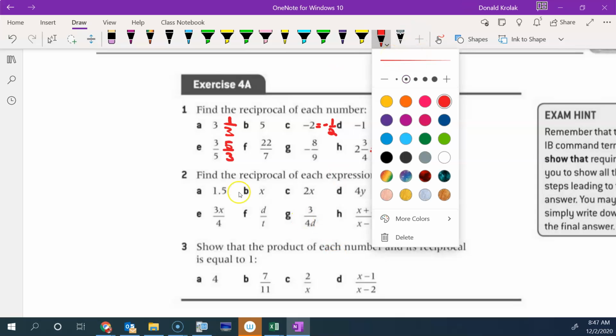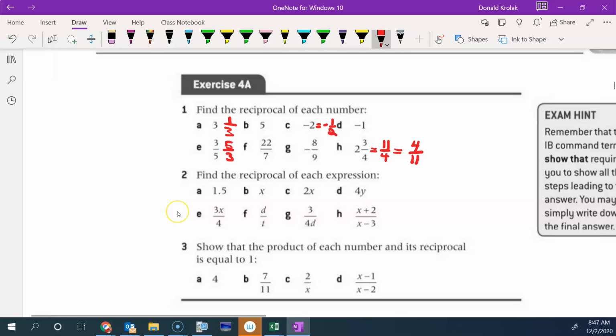All right, now on the next part, if I said, what's the reciprocal of these expressions? Okay, well, like 1.5. So what you would do is you would write that first as a fraction. All right, so 1.5 is the same as 3/2. And then its reciprocal would be 2/3.